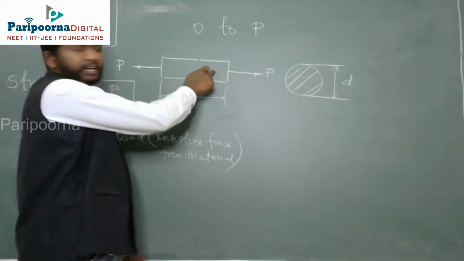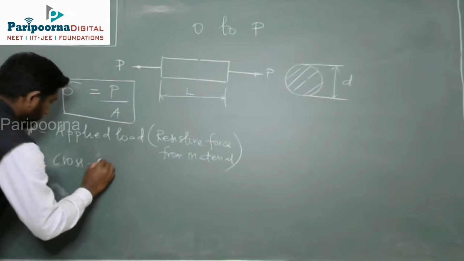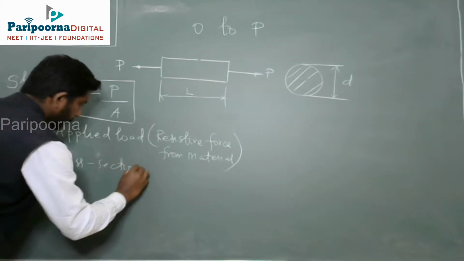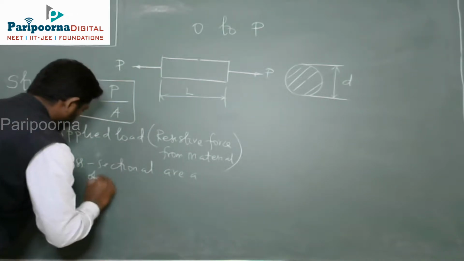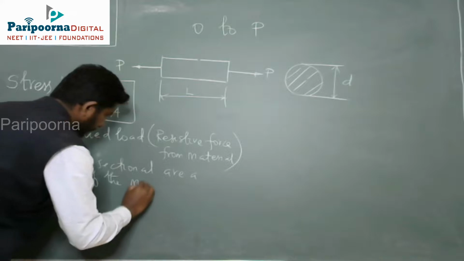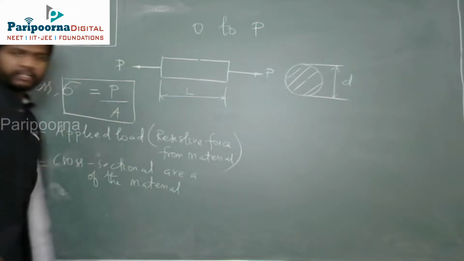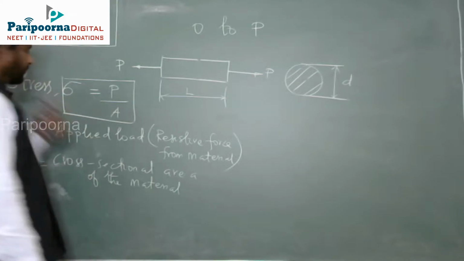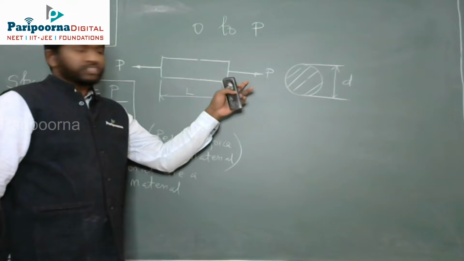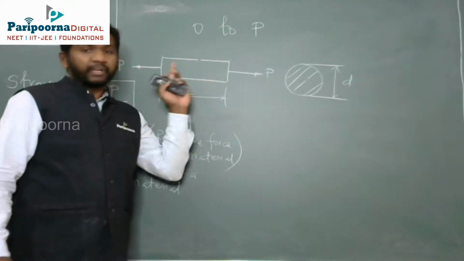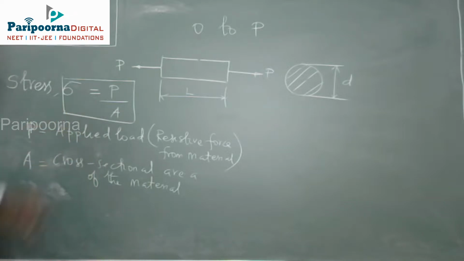This is a cylindrical component, so this is the cross section, so cross sectional area of the material. So like that, we discussed stress. Now you have to imagine the load is continuously being applied on the material. Okay, so now I hope you understood about stress.